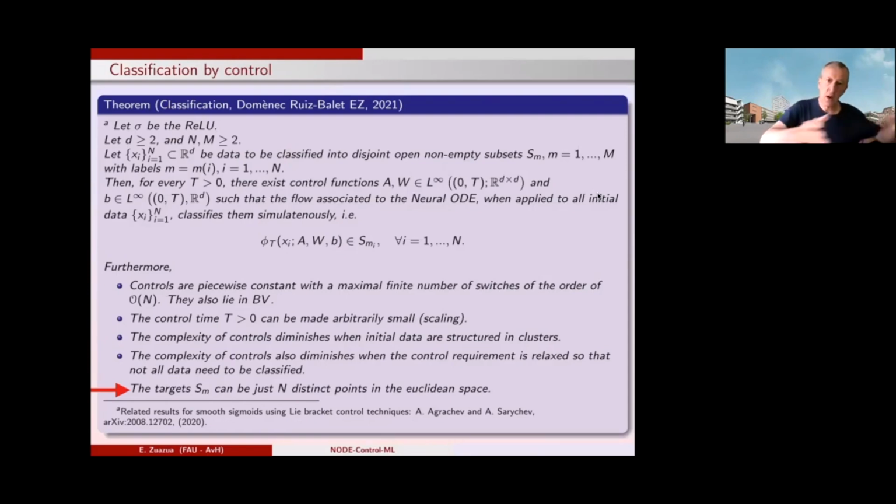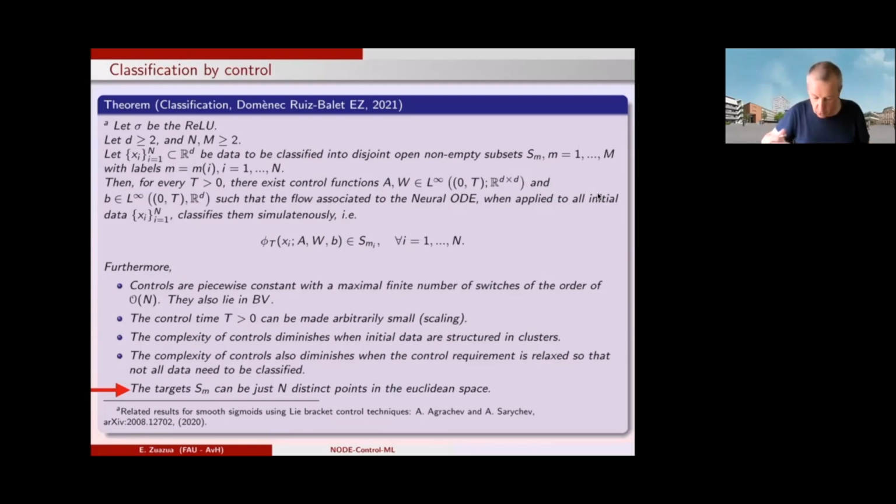Therefore, if you know that this result is true, and you are working computationally using the classical optimal control approach, minimizing functionals in which you are penalizing both the size of the control and the distance to the target, you know that if you really need to get very, very close to full classification, by making alpha smaller and smaller, you will succeed.